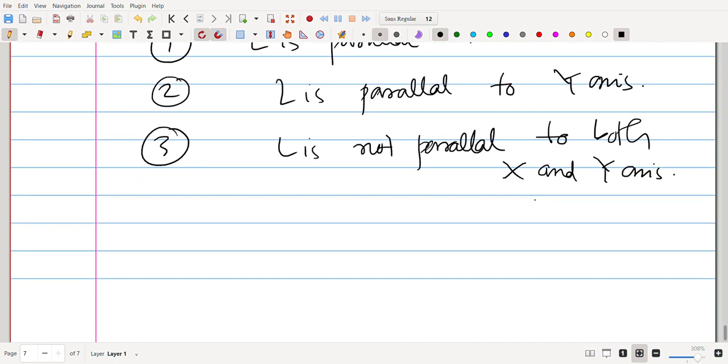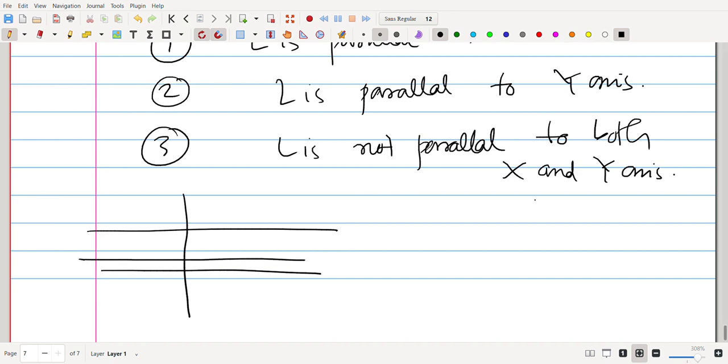So case number 1, L is parallel to the x-axis. That means L is this, and two parallel lines, say this is L1, this is L2. It says their width is strictly greater than 1.